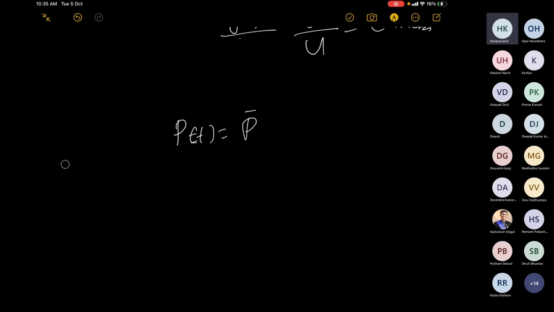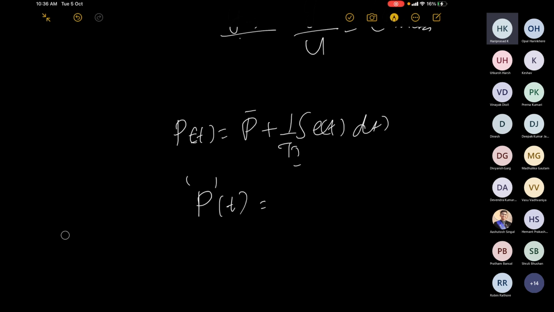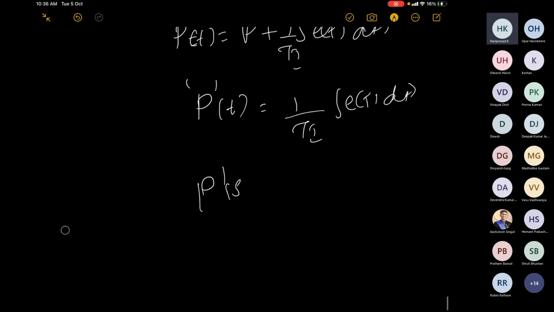P of t is equal to P bar plus 1 by tau I times the integral of E of t dt. In terms of deviation variable, this would be P prime of t equals 1 by tau I times the integral of E of t dt. Taking the Laplace transform on both sides, it would be P prime of s equals 1 by tau I s times E of s.